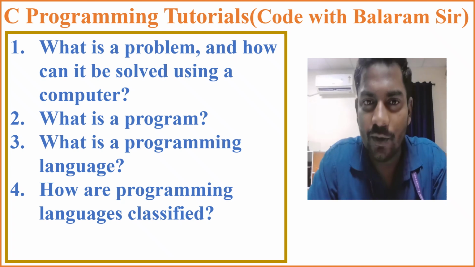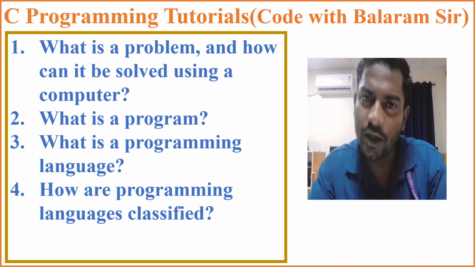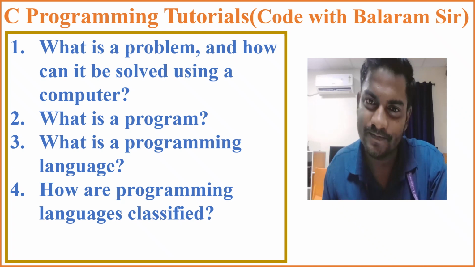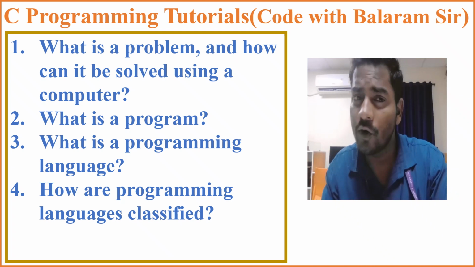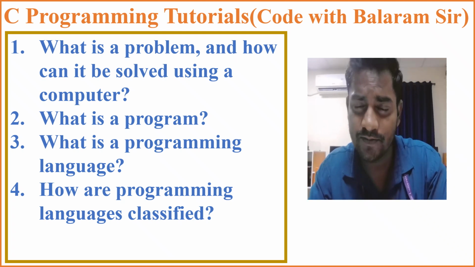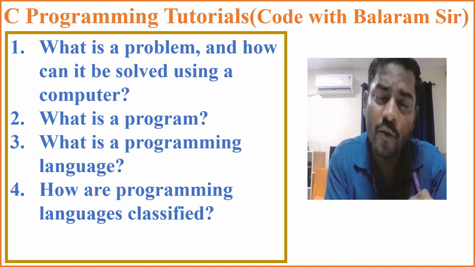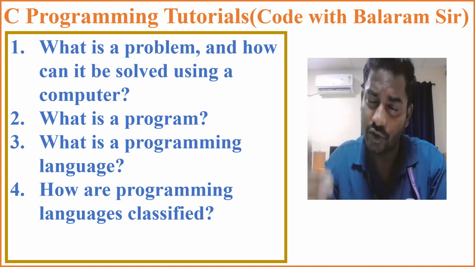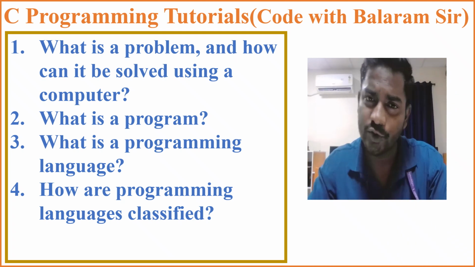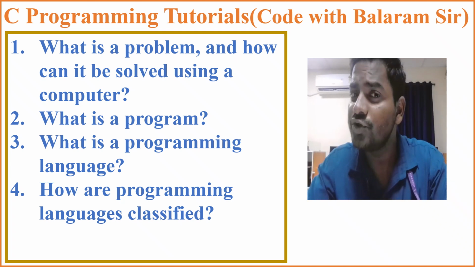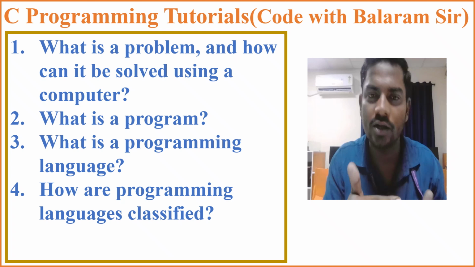So what is the next question? What is a programming language? This is important. So we have to give input to the computer and computer will process. But how can we give the input? We cannot write directly 3 plus 4, as I have already mentioned in the first question. So we have to take help of some programming languages. Through that we can write our problems and we can give them to the computer. And one thing is computer cannot understand English-like languages or 3 plus 4.